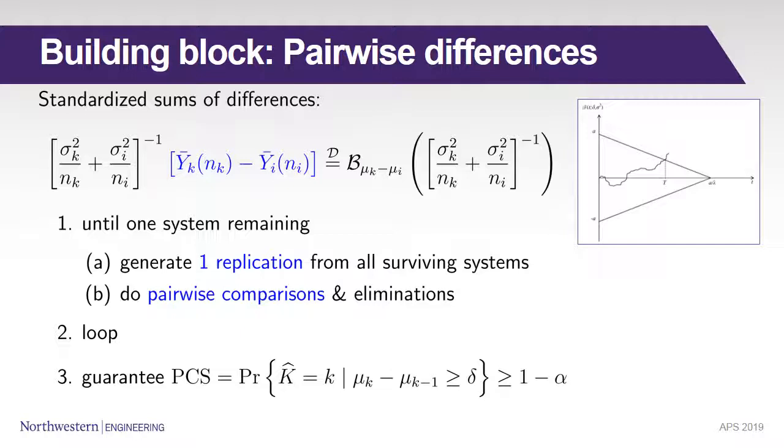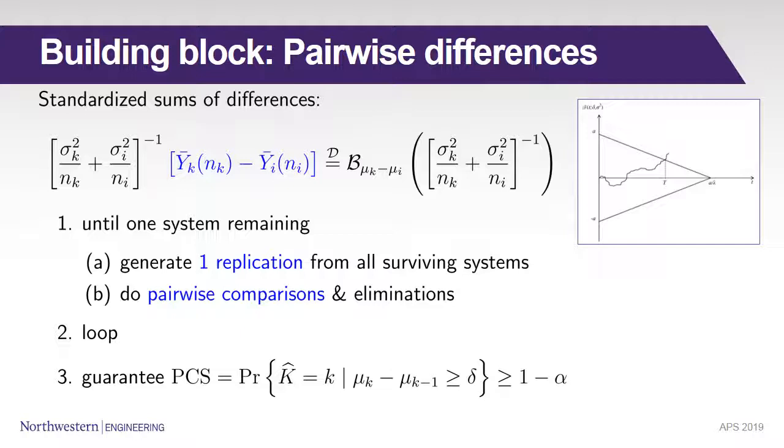And the typical sort of guarantee that one gets is something like the probability of correct selection being greater than or equal to 1 minus alpha, where probability of correct selection here is defined as the probability that the system you select, system K hat, equals the best system is greater than or equal to 1 minus alpha, provided the gap between the best and the second best is at least delta, another user-specified parameter.